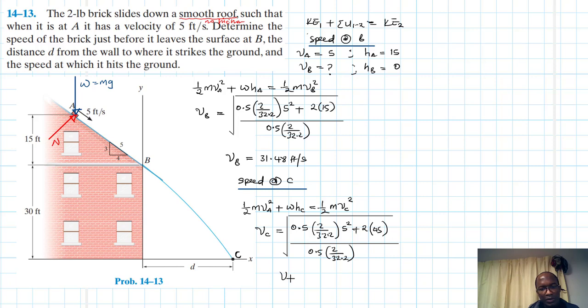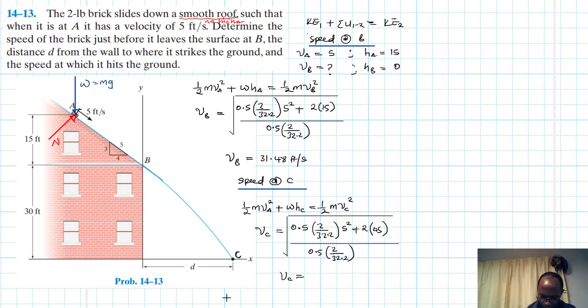VC is equal to the square root of 0.5 by 2 divided by 32.2 by 5 squared plus 2 by 45, divided by 0.5 by 2 divided by 32.2.